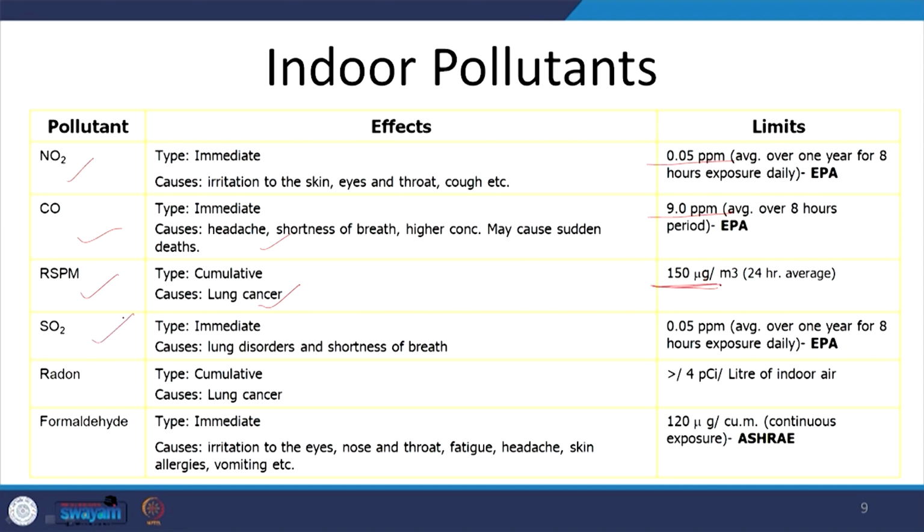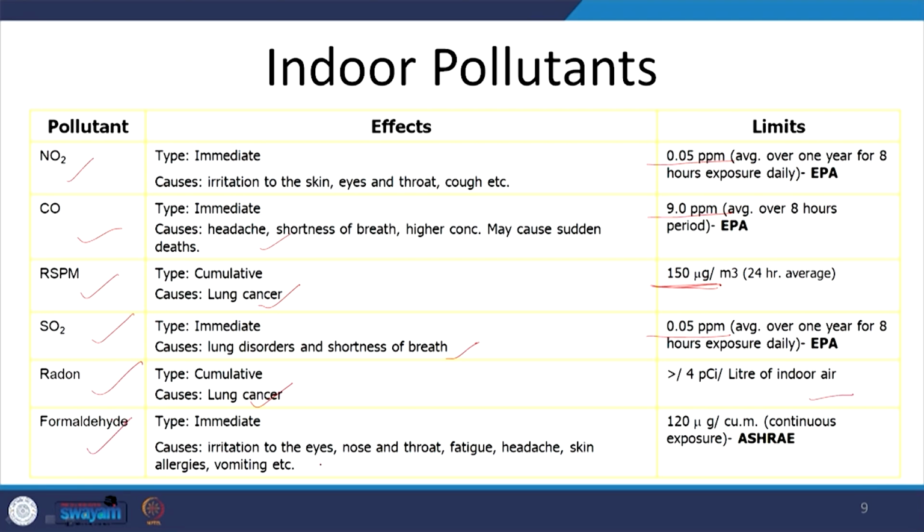Sulfur oxides can cause lung disorders and shortage of breath, with a maximum of 0.05 parts per million, which is an average over 1 year for 8 hours of exposure. Radon is also a cause of lung cancer, and not more than 4 pCi per liter of indoor air is recommended.